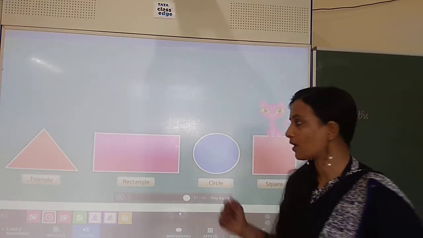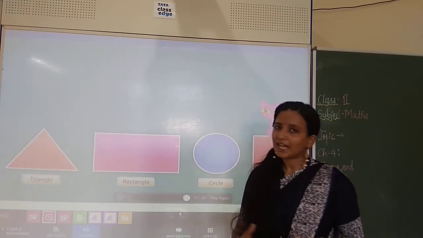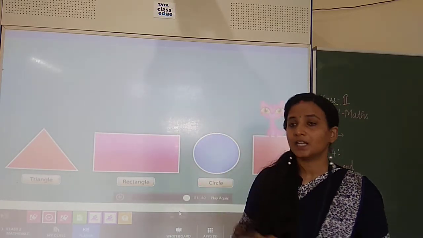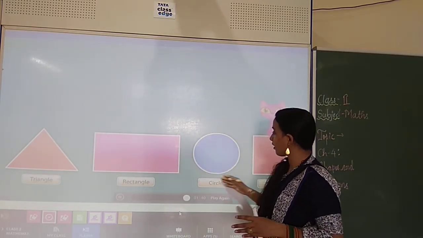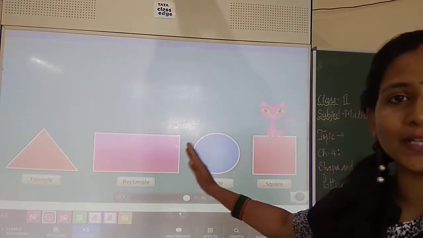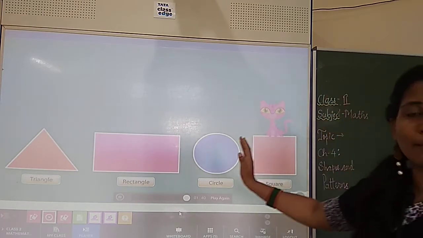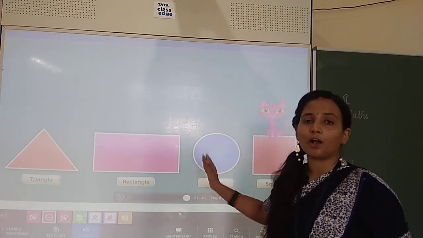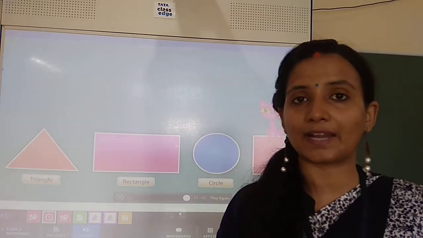Okay? Now come to the circle. Circle is what? It's also a plane shape. Yes. Circle is made up of curved lines. These three, triangle, rectangle and square, are made up of straight lines, but the circle is made up of curved lines.